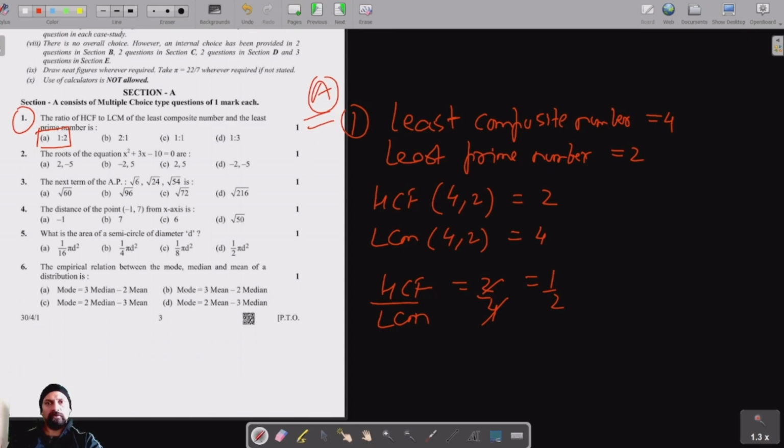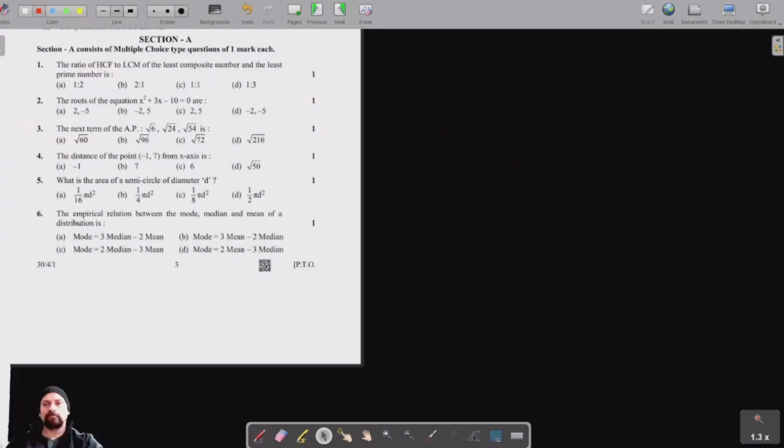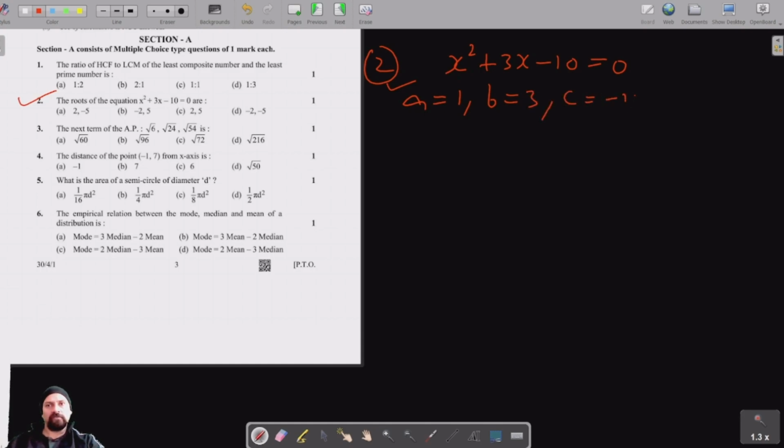Let's move on to question number 2. For question number 2, we have to find the roots of the quadratic equation, and the quadratic equation is 3x squared plus 3x minus 10 is equal to 0. Now we know that to find the roots, we can use the factorization method. So A is the coefficient of x squared, B is 3, C is minus 10.